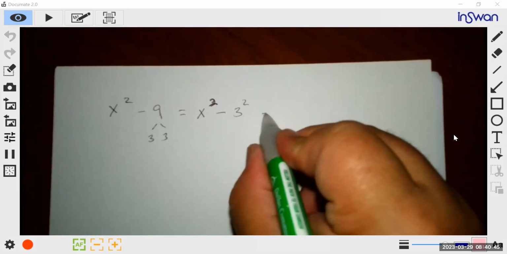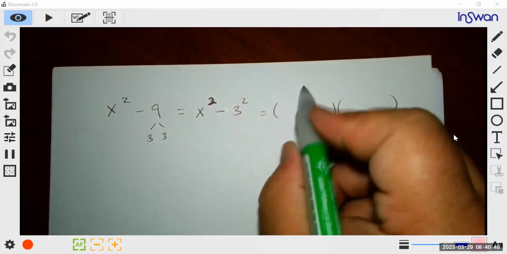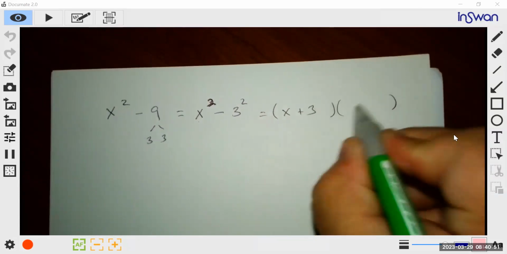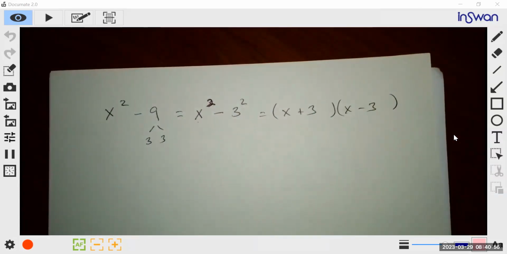Since it's a difference of two squares, we know it's x plus 3, x minus 3. And that's factoring.